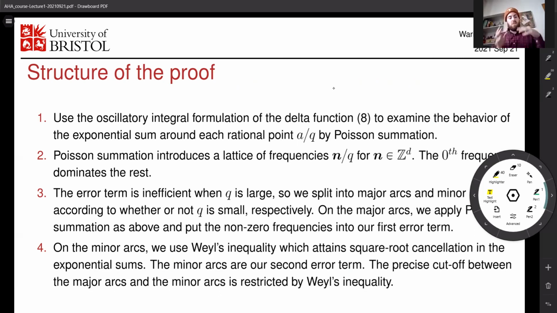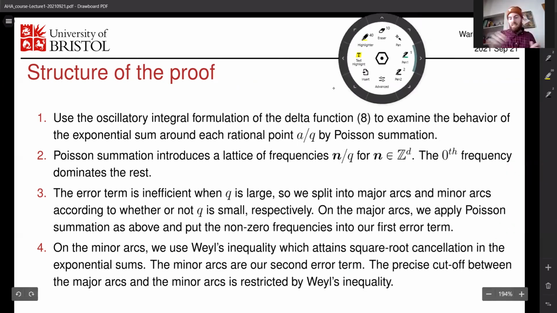Poisson summation is a very good way to transform an exponential sum into a dual exponential sum and to pick out the big components in the dual. Now, the big component turns out to be the 0th frequency.